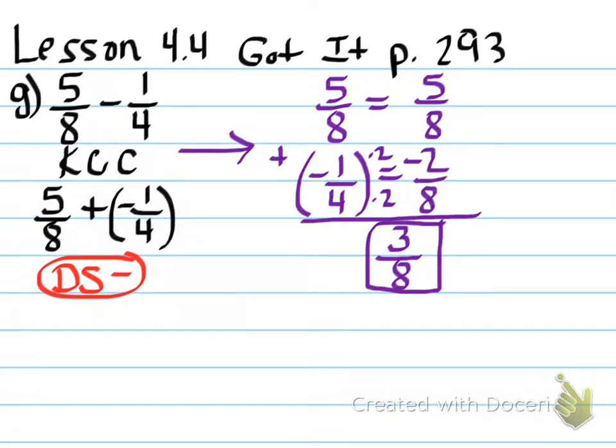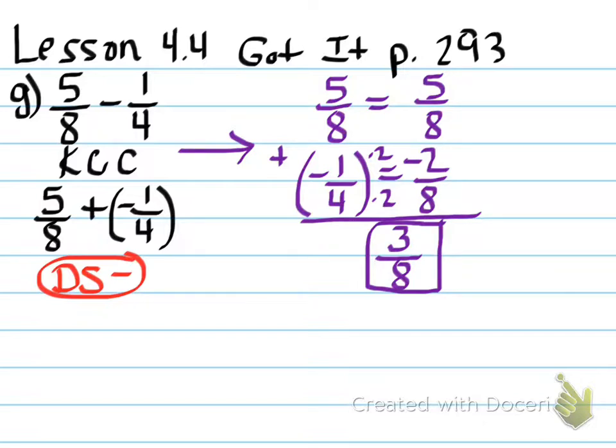So we've got 5/8 plus a negative 1/4, and reminding you that they are different signs, we're going to subtract. So move over to the purple writing, and I set it up like I've been asking. 5/8 plus a negative 1/4.